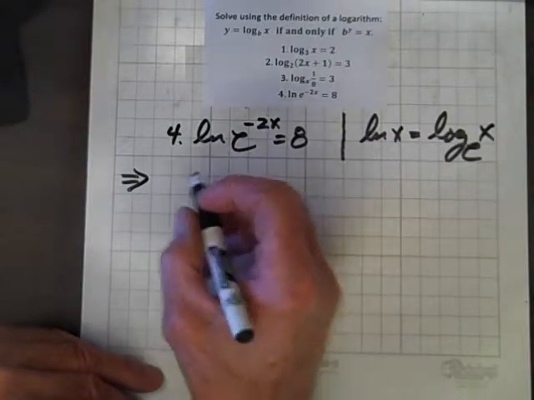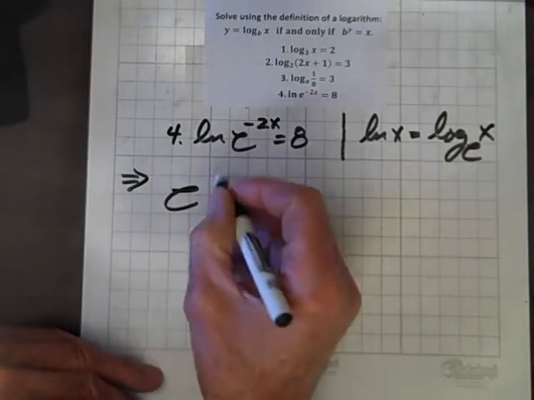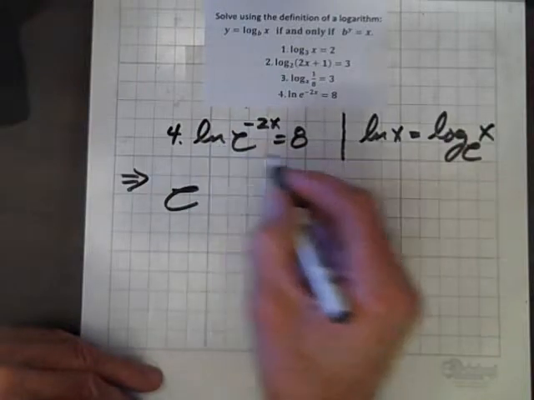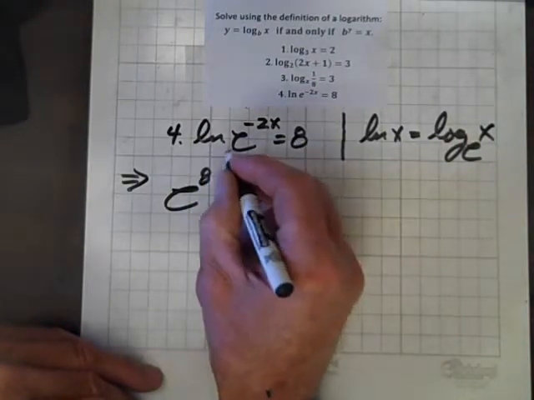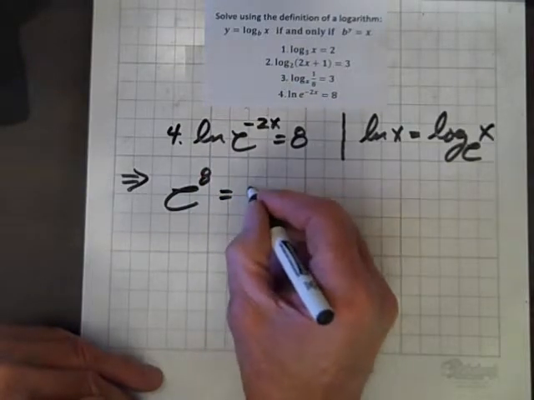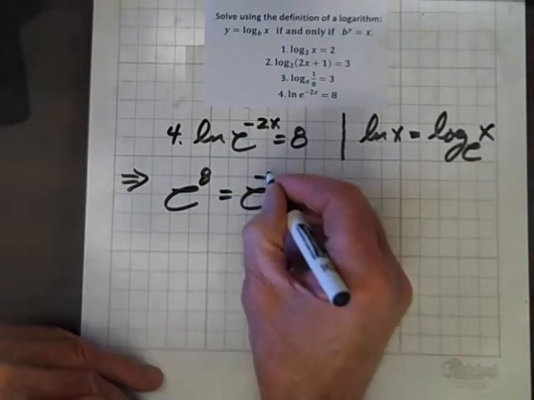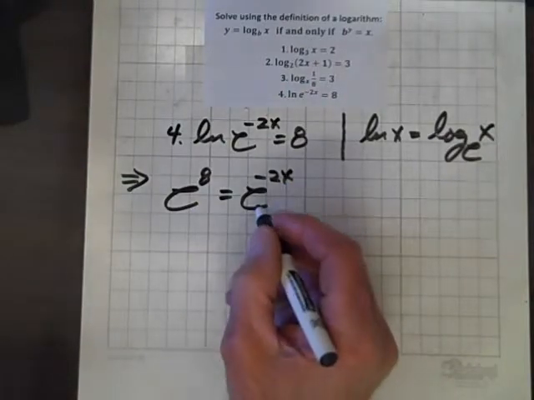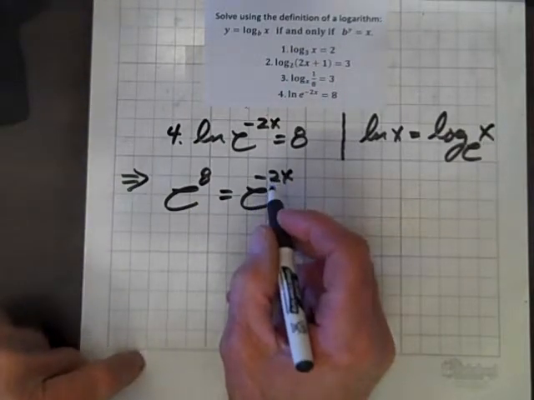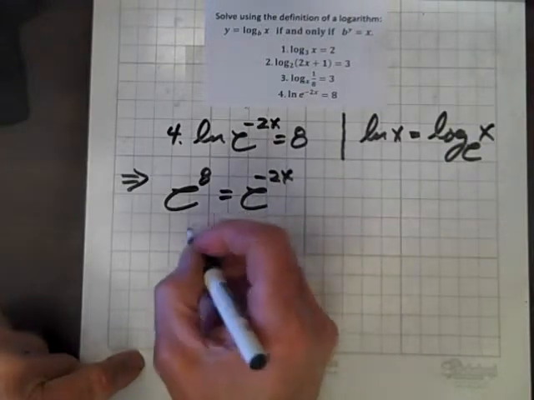So now we'll employ the definition of a logarithm and rewrite this thing in exponential form, and we have e, the base e, which is implied, raised to the 8th power equals, and the result is e to the negative 2x. So since the bases are identical, we can equate exponents.